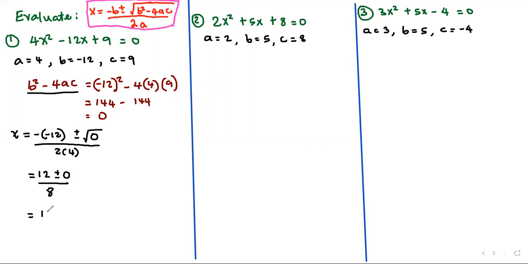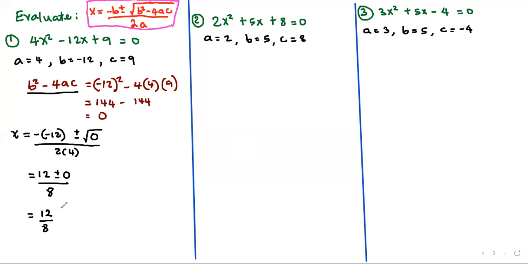So it means that you only have 12 out of 8. We are getting one solution because 12 plus 0 is 12 and 12 minus 0 is 12.